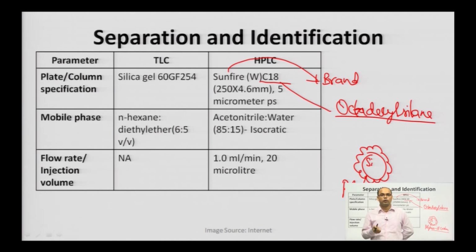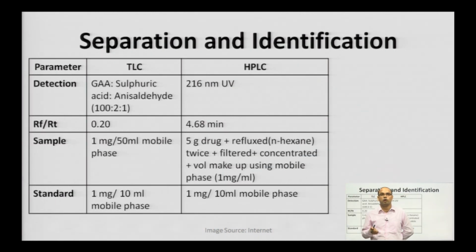Here the flow rate of the mobile phase through the column was maintained at 1 ml per minute, and the injection volume for our drug was 20 microliter. We have injected 20 microliter of the sample drug into the column.